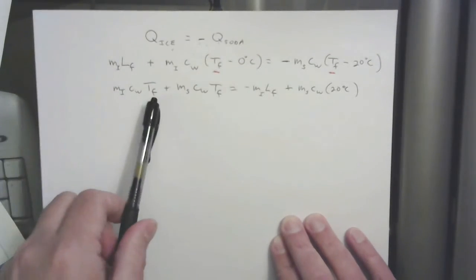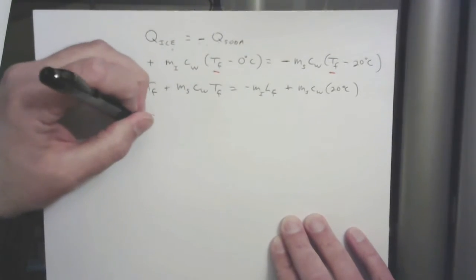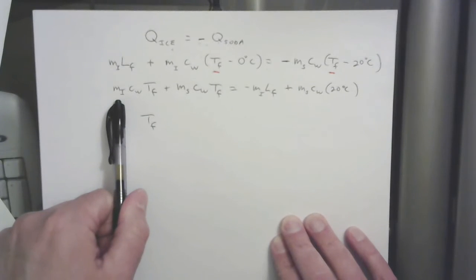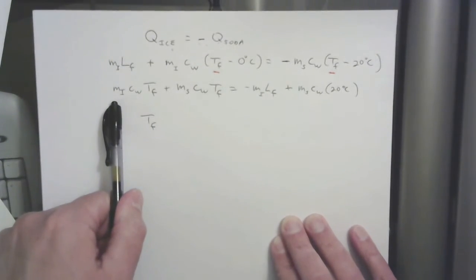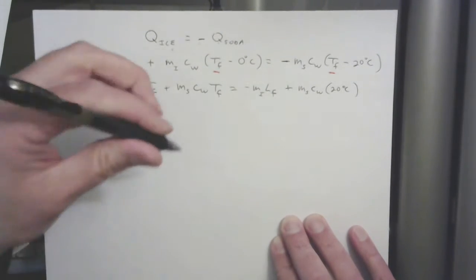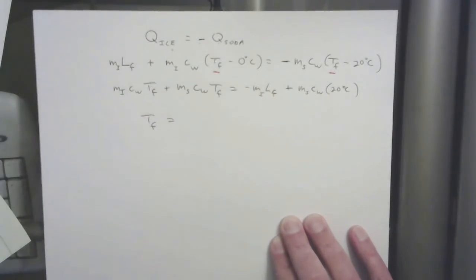So there we go. TF factors out. And then we just add those two things. In fact, I'll do it in one step.